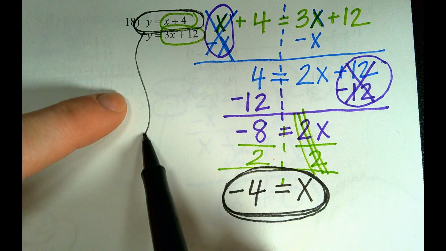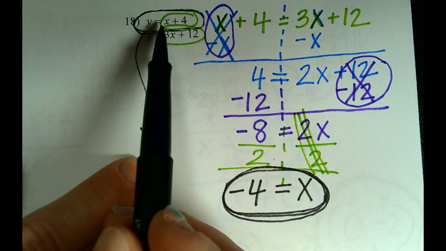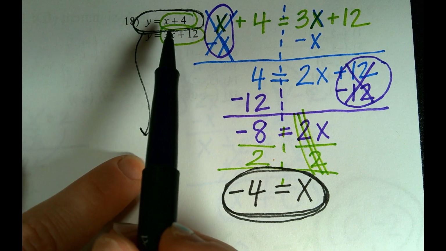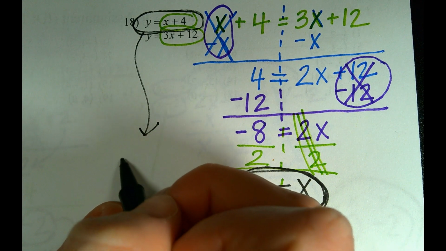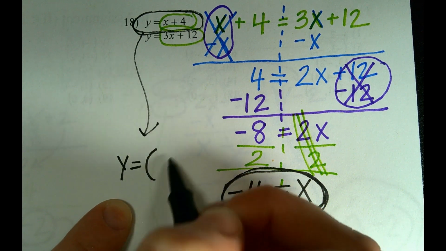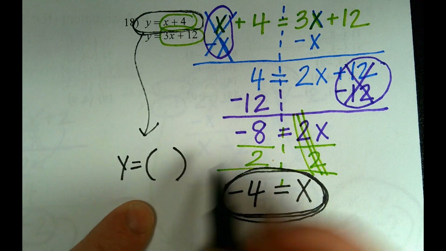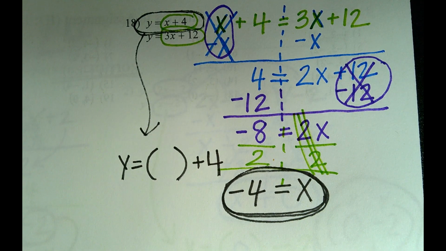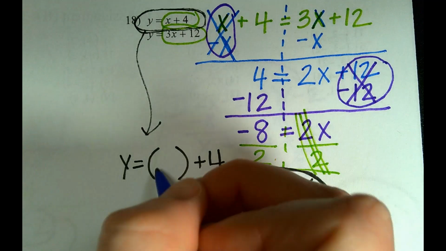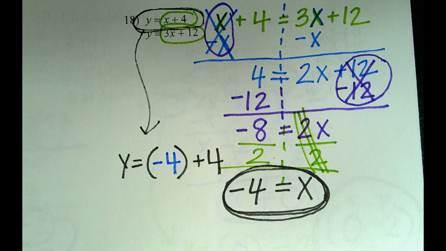We're just going to rewrite that equation, but instead of x plus 4, we know what x is. It's negative 4. So I'm going to write negative 4 plus 4. Y equals, that's where x was, plus 4. Instead of x, we're writing negative 4 plus 4.